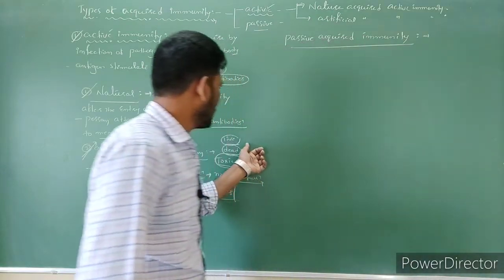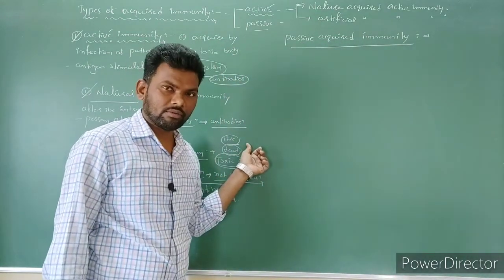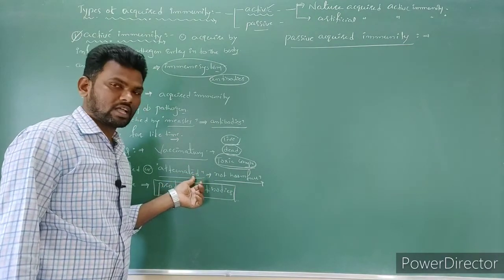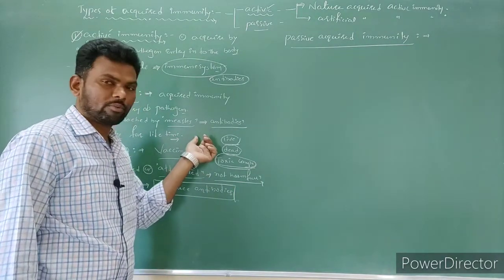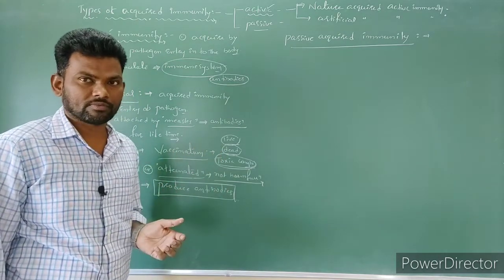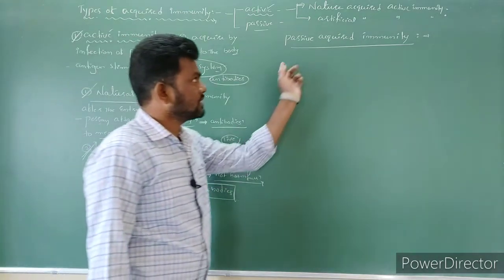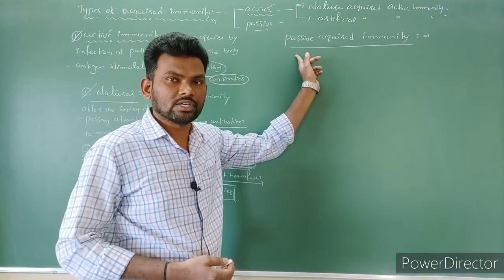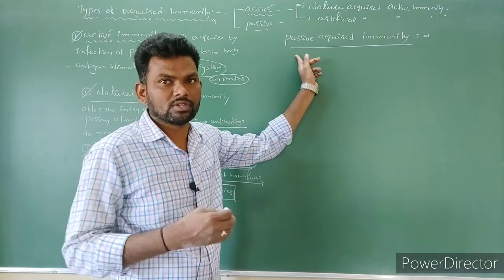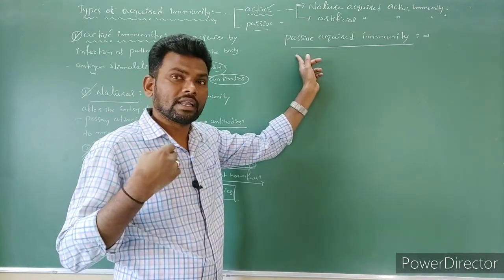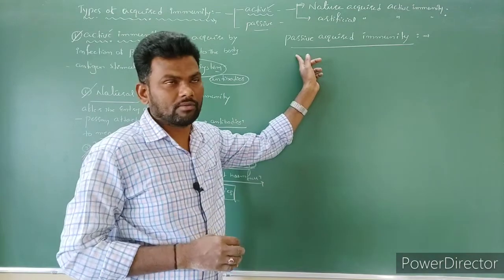Here what happened? After entry of the pathogen or attenuated pathogen, or a combination like a vaccine, the body is going to produce antibodies, right? But in this case, ready-made antibodies we are going to inject into a person. Those who are suffering from the disease, we directly give ready-made antibodies to the body.